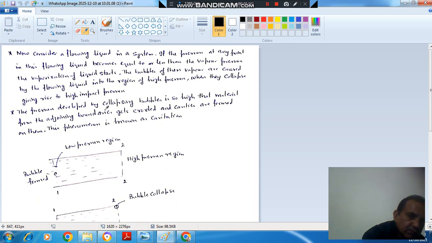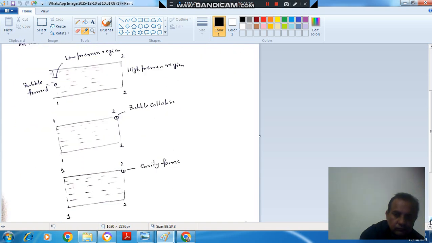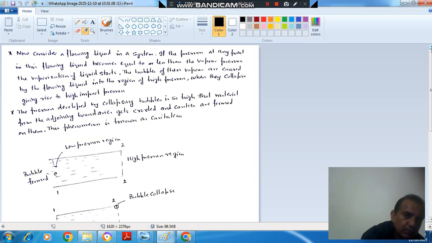The pressure developed by the collapsing bubbles is so high that material from the adjoining boundaries gets eroded and cavities are formed on them. This phenomenon is known as cavitation. So this is vapor pressure and cavitation, and this is the closing of the chapter properties of fluid.